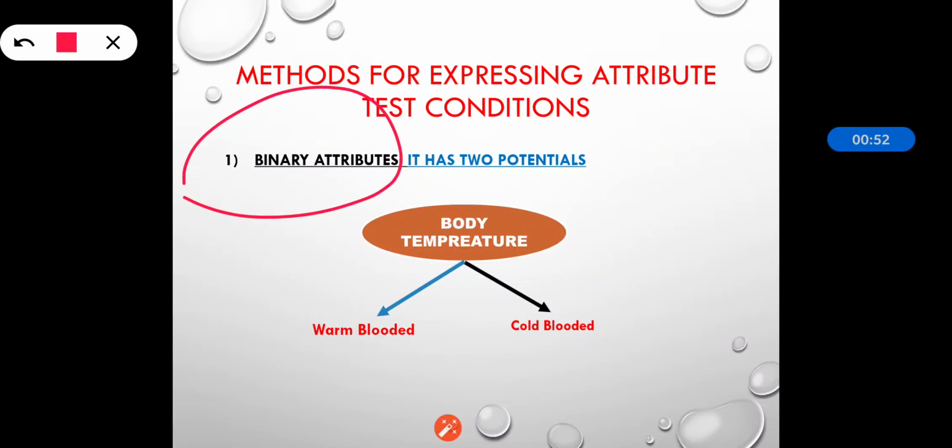As its name implies, it has two potential outcomes. The test condition for a binary attribute generates two potential outcomes, as we can see in the given figure. We can see body temperature is the node, and according to that two outcomes are there, that is warm blooded and cold blooded.